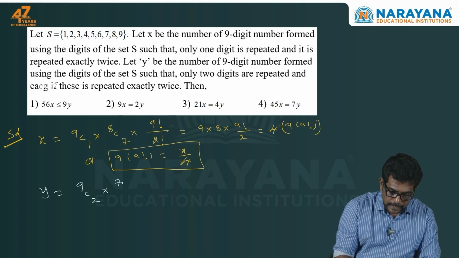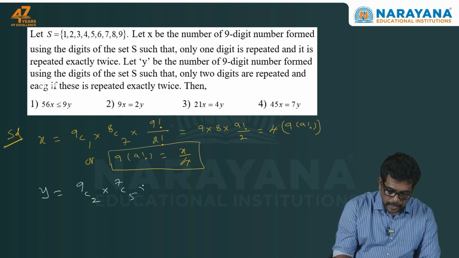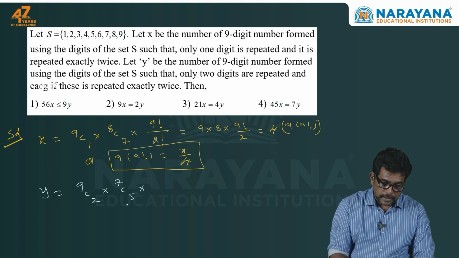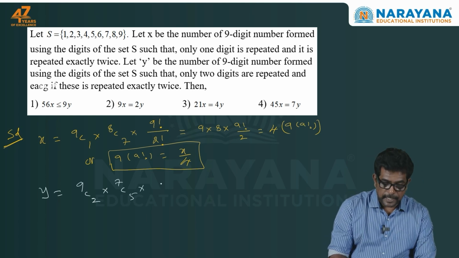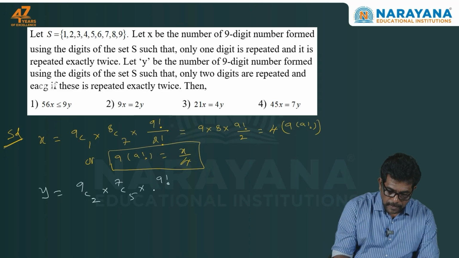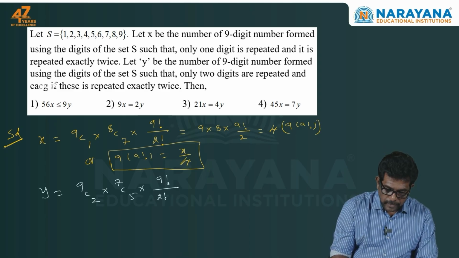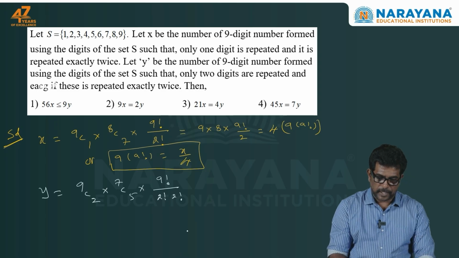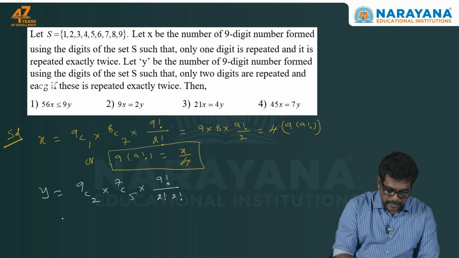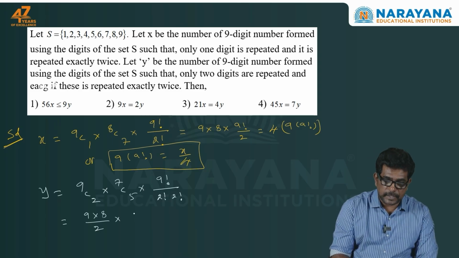It can be done in 7C5 ways into the selected numbers. Total 9 can be arranged in 9 factorial by 2 factorial into 2 factorial, as 2 digits are repeated twice. Now we are going to simplify this one. This one is equal to 9C2, which you know is 9 into 8 by 2, into 7C5, which is the same as 7C2.